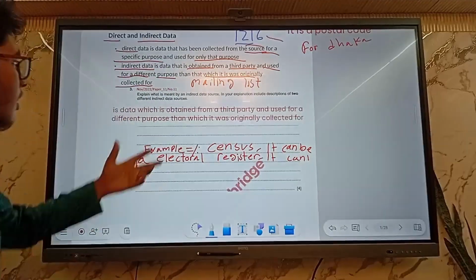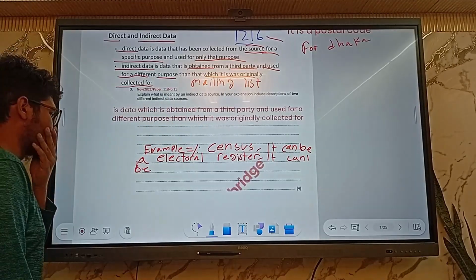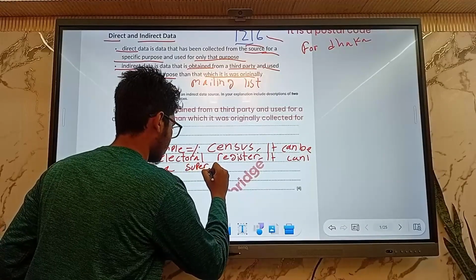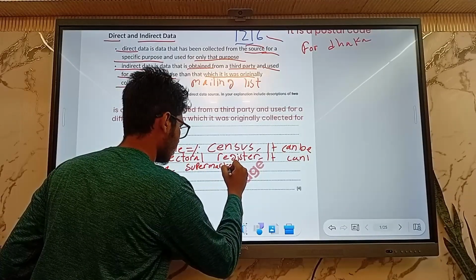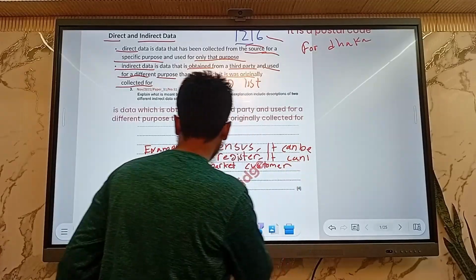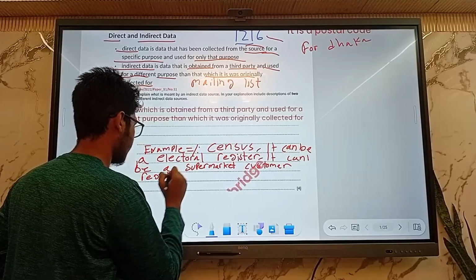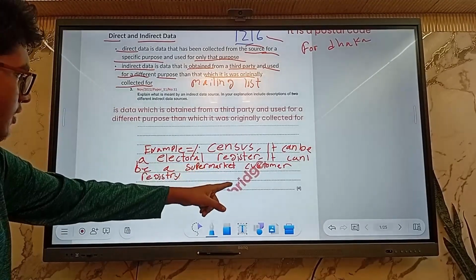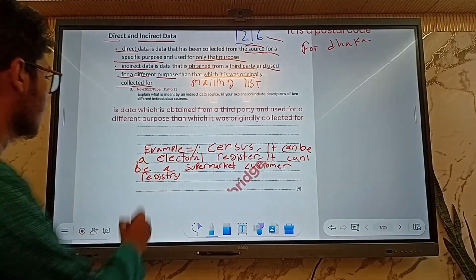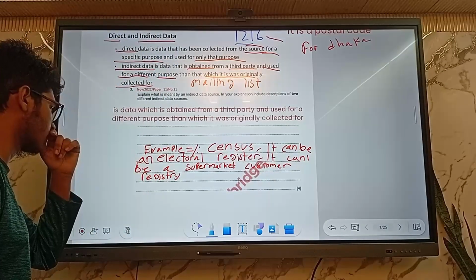I have already provided two indirect data sources, but I'm just writing another one. It can be a supermarket customer registry, right? So it can be a census, an electoral register, or a supermarket customer register.